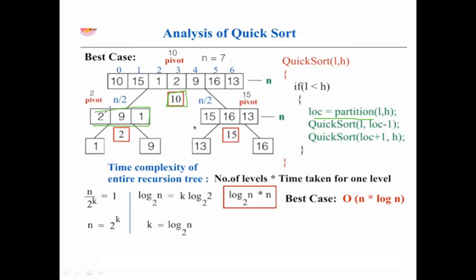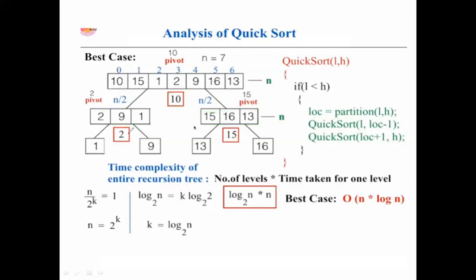So I split this n into two parts, n by 2 and n by 2. That's why I write 2t of n by 2 plus n, the time taken to identify the partition position, the position of the pivot, which I represent here as n.